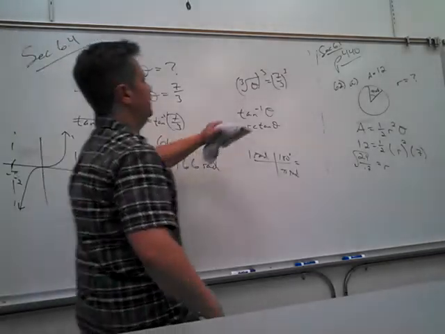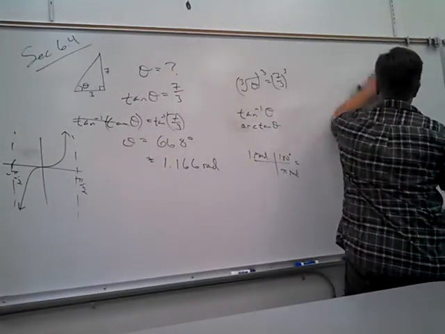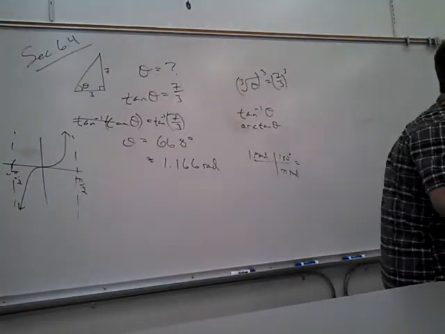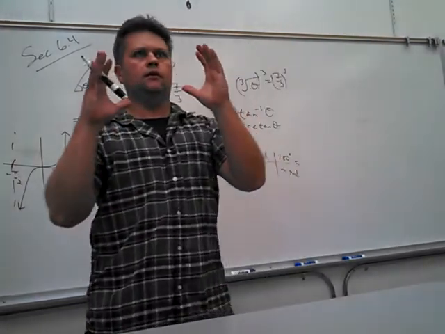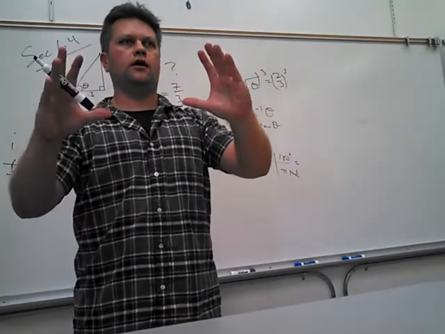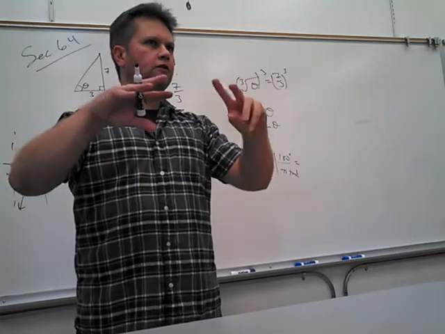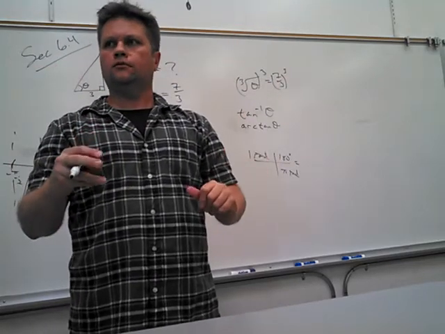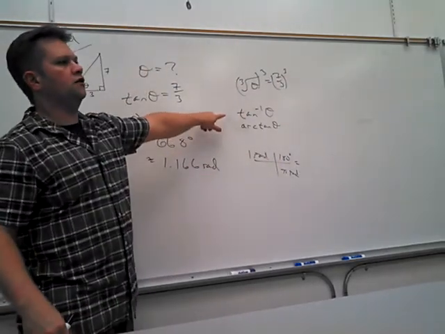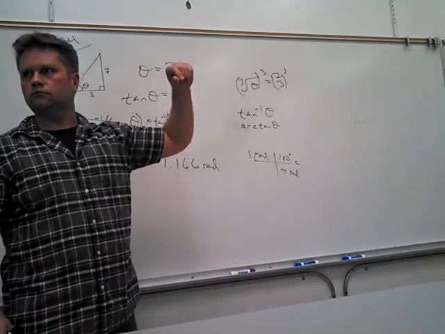So this kind of thing is going to show up now. We're going to the point where we want to fully solve a triangle, so find all the angles, find all the sides. Sometimes we're going to have to do these inverse trig functions to figure out an angle, and so forth.